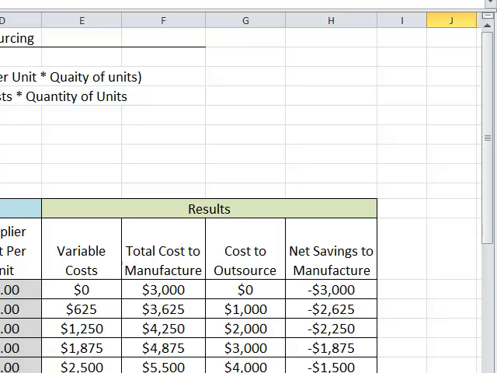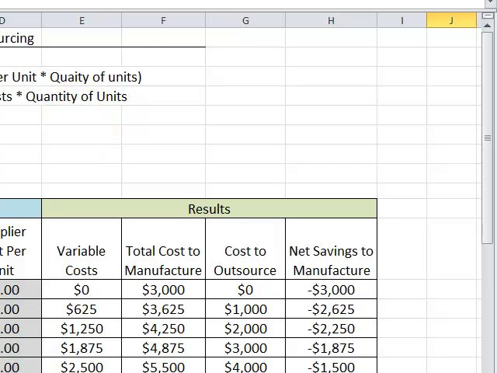If I outsource it or let somebody else produce it, my costs are just my supplier unit costs times the quantity of units. So basically, I don't have any fixed costs. The supplier is selling it to me at a certain supplier unit cost, and it's just a function of the quantity of units I buy.